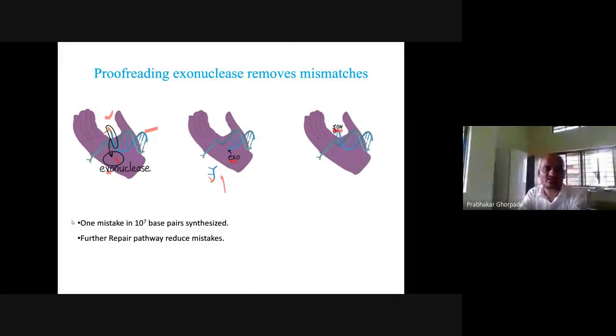If you want to achieve that, we have repair pathways that reduce the mistakes. So in the next lecture we will be seeing the repair pathways. So this is how proofreading is done, how DNA mistakes are corrected. One mistake is there, it goes to the exonuclease site of the DNA polymerase, it removes the nucleotide, and it is presented again in the correct conformation.